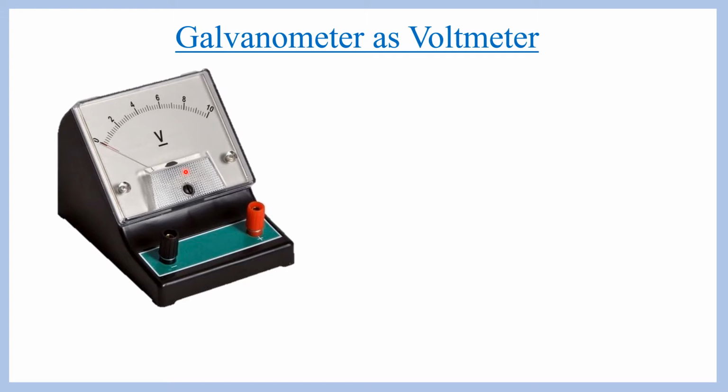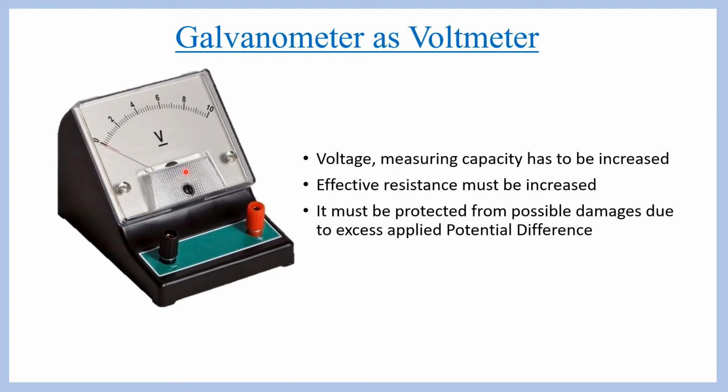Now, when you are converting a galvanometer into a voltmeter, there are three main specifications required. One is the voltage measuring capacity of the instrument has to be increased.